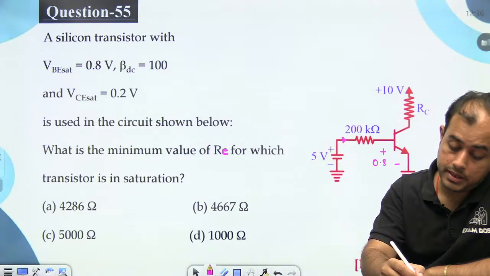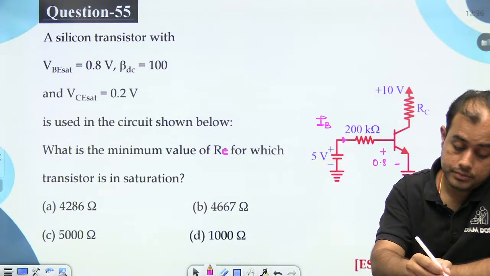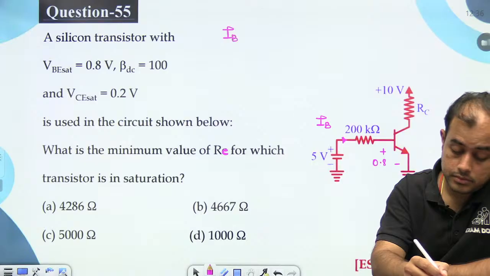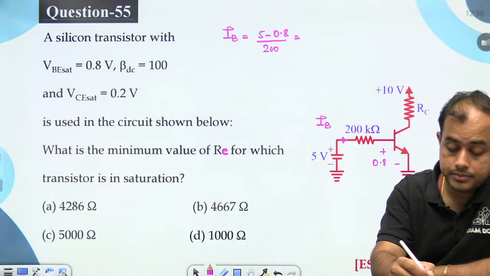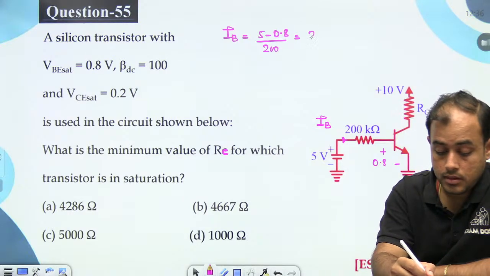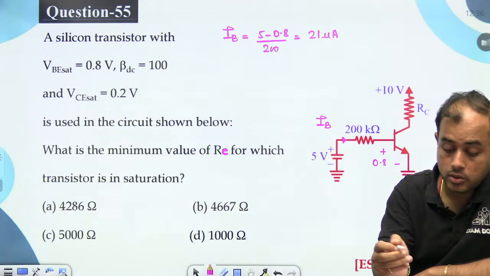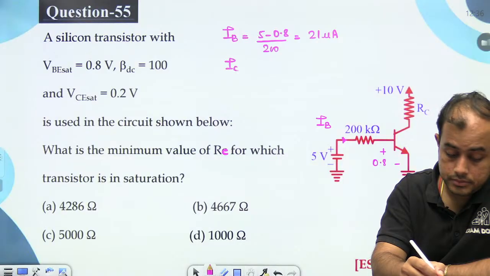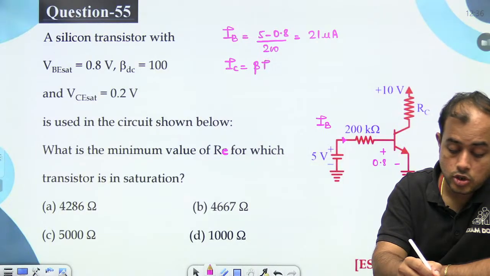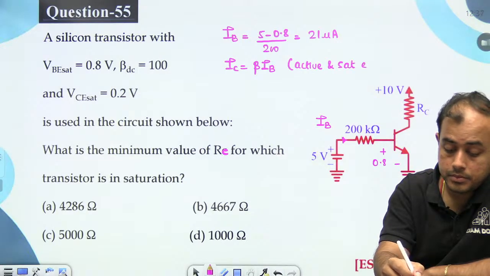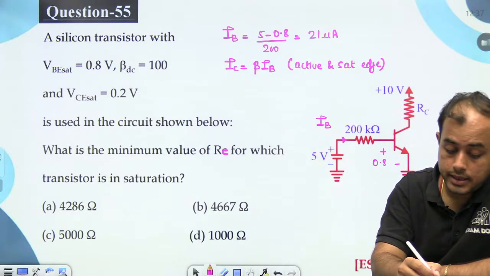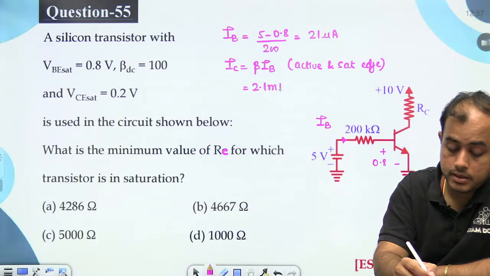So what is IB? 5 minus 0.8 by 200, 21 microampere. At edge of saturation, it is 2.1 milliampere.